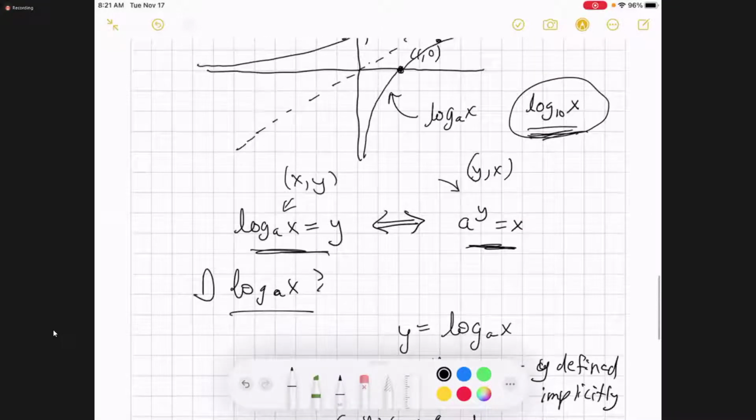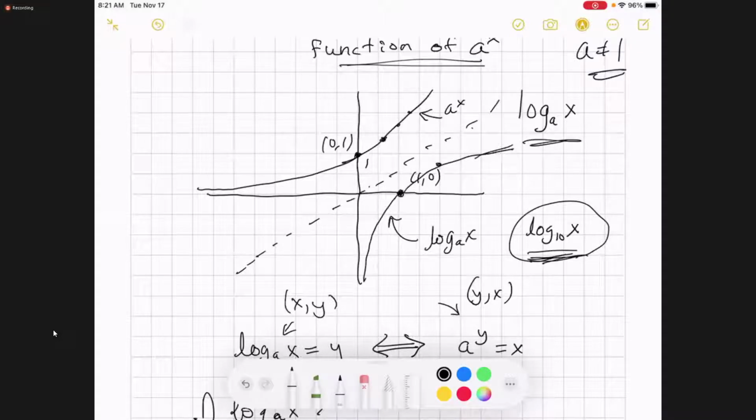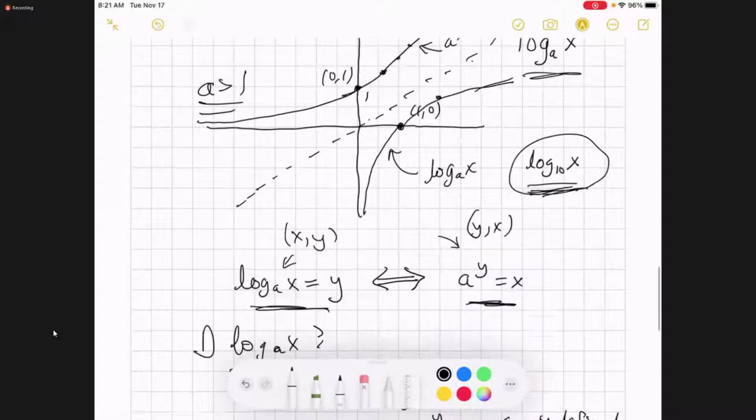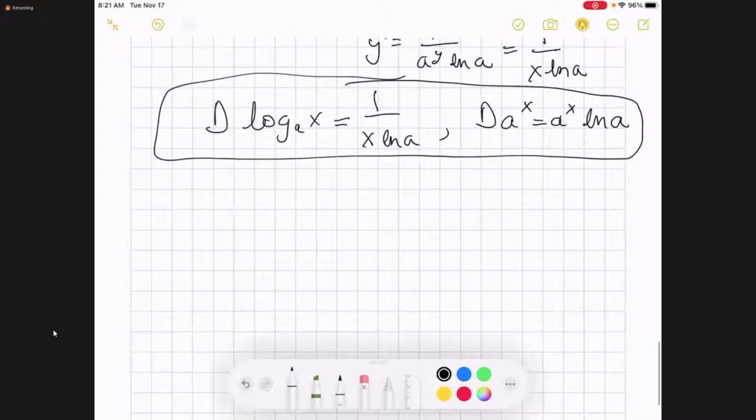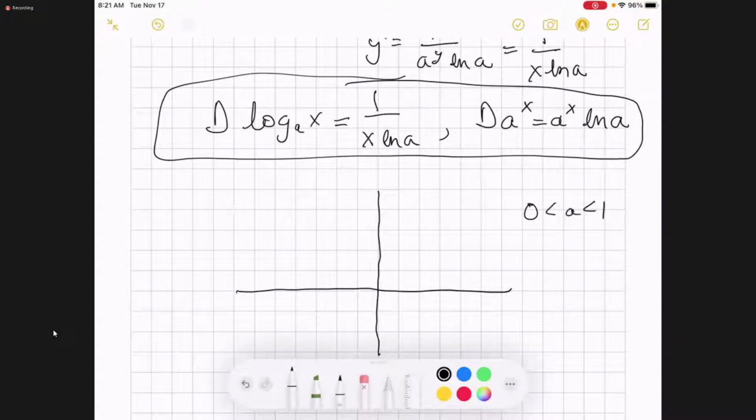Let me draw a picture. This is the picture that you get when a is greater than 1. If a is between 0 and 1, then a to the x looks like that. To get your inverse function, you still flip it around the diagonal line.